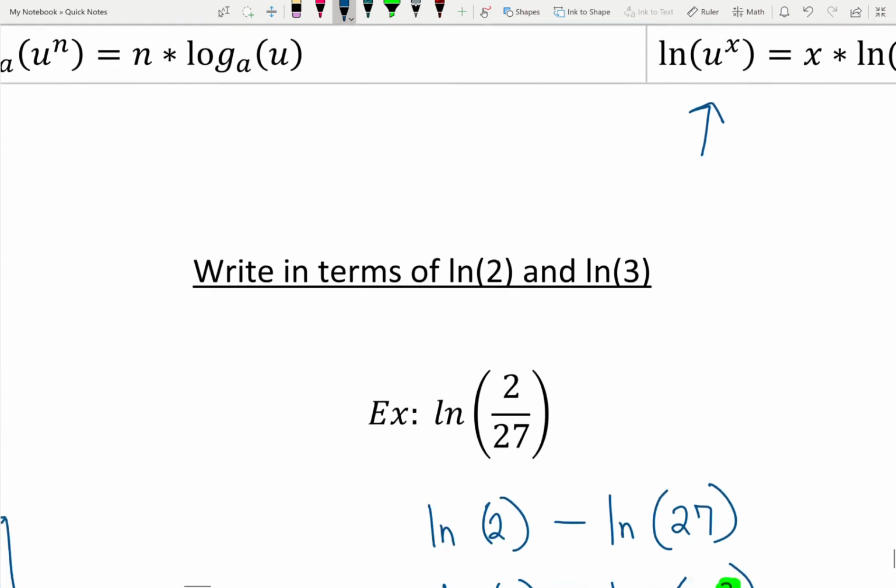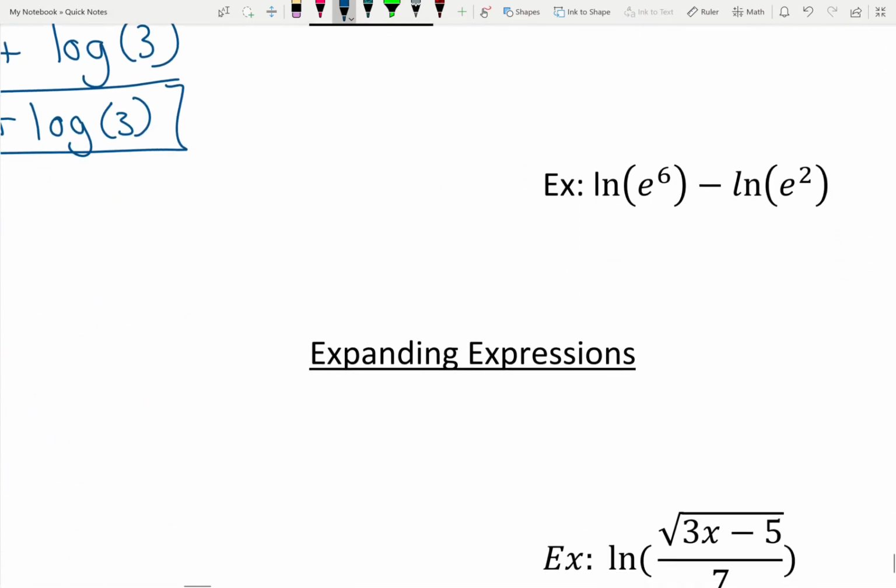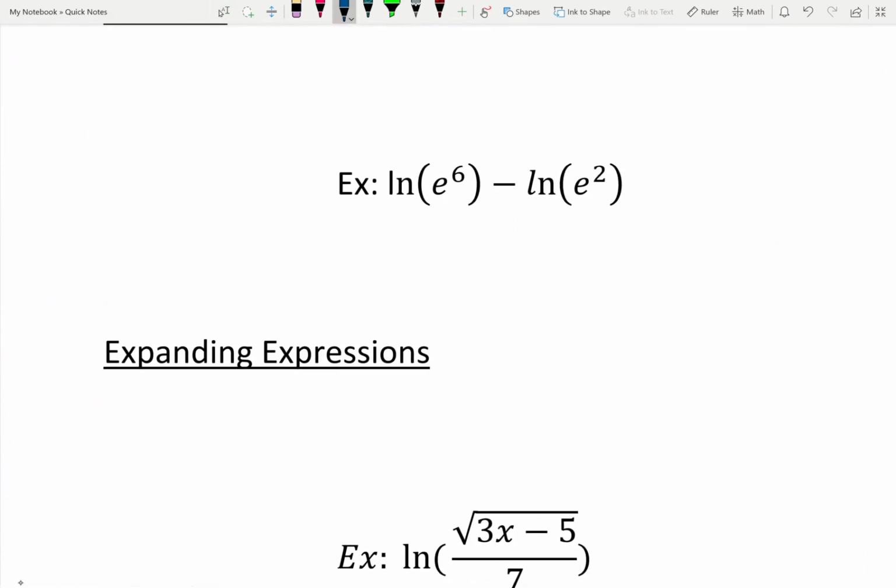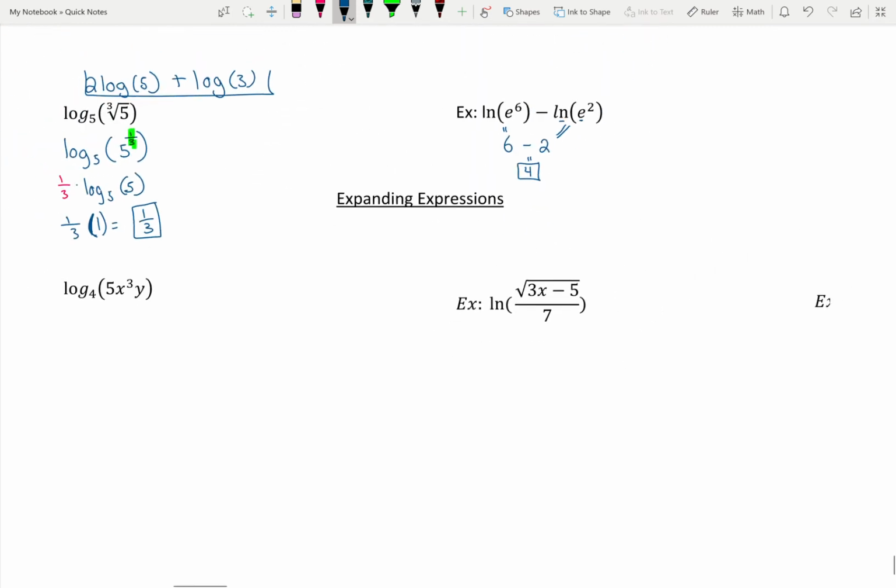So let's go back. I have ln of e to the 6. So this whole thing simplifies down to 6. Minus, if I have ln of e to the 2, it simplifies to 2. So my answer here is just 4. Good. All right, a couple more and then we're done.